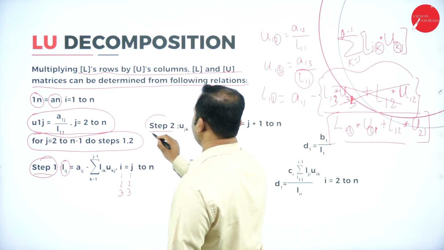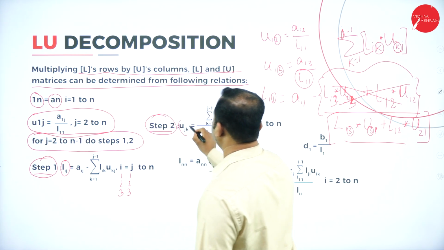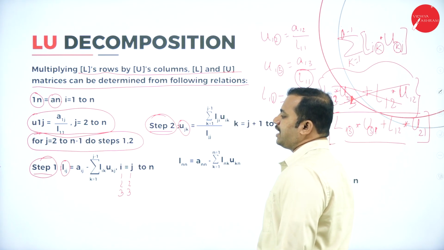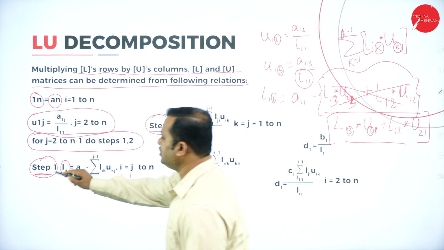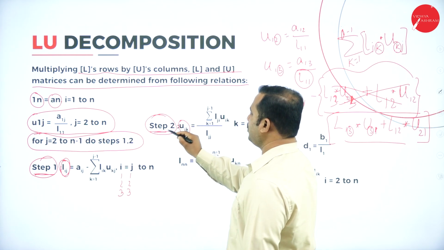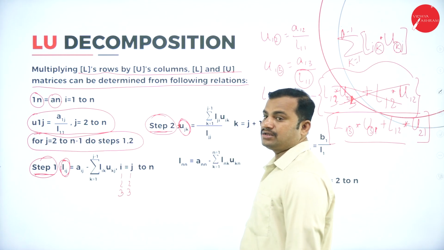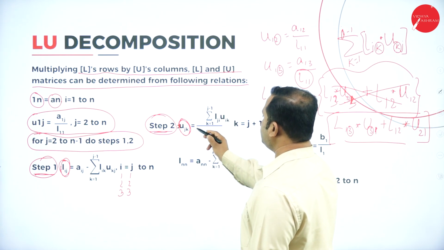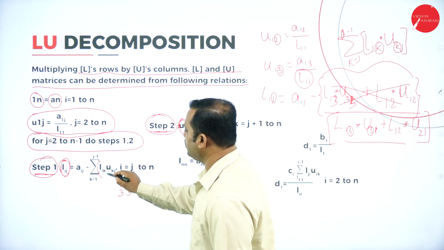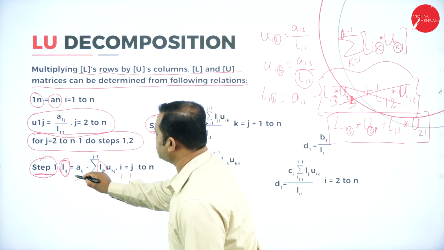For step 2, I have U_kj, that is the upper triangular matrix. How can I define the upper triangular matrix? Step 1 defines the lower triangular matrix, that is L_ij. Step 2 defines the upper triangular matrix, that is U_jk, which can be obtained by bringing this term down to this.